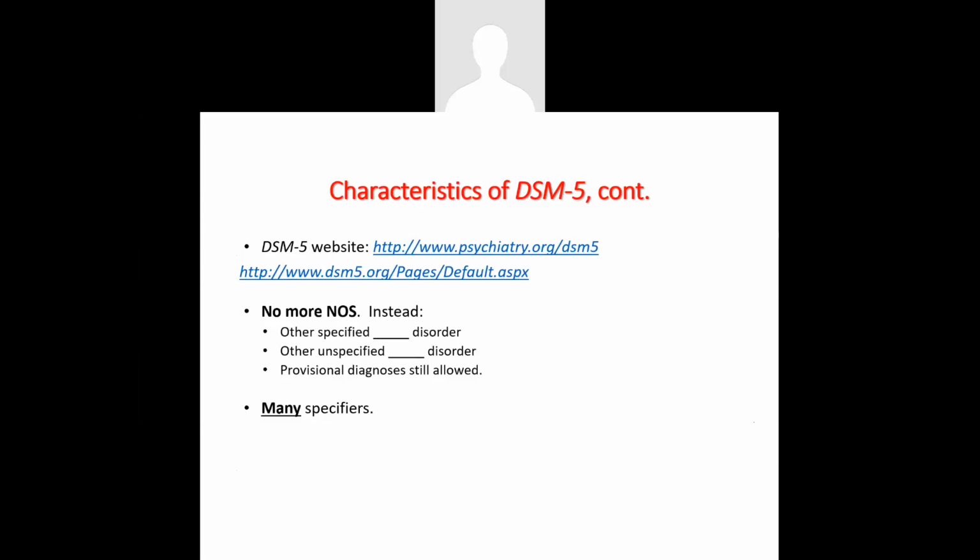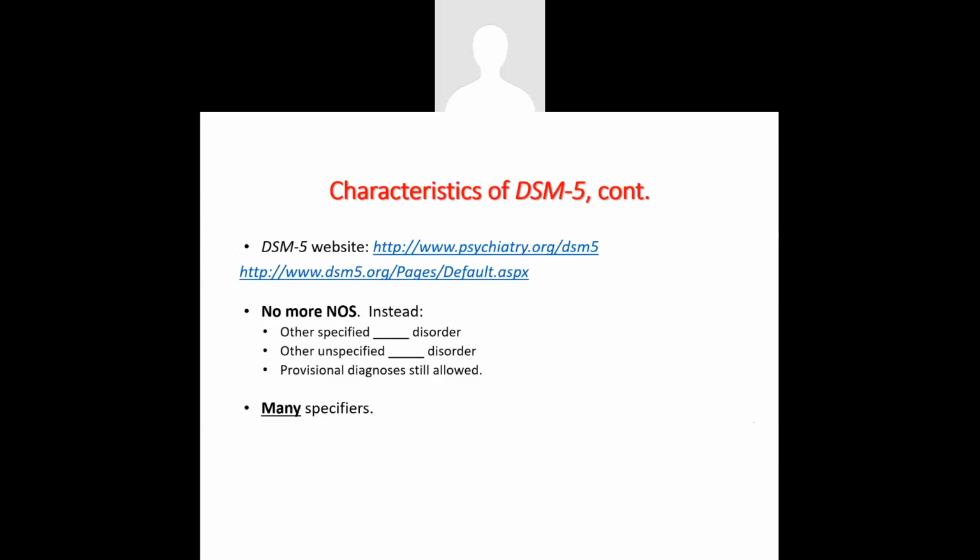They've replaced this with 3 different items. You could have an other specified disorder, an unspecified disorder, and we still have those provisional diagnoses. So if you think that you might want to rule something out, a person might have a specific diagnosis, you can have a provisional diagnosis before you really assign that to the person.